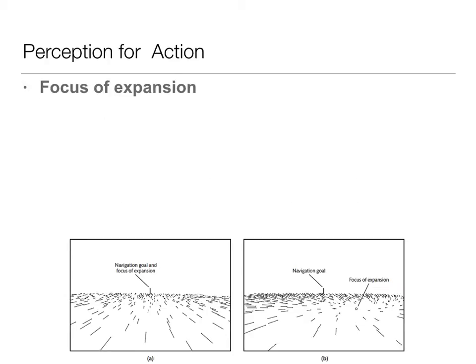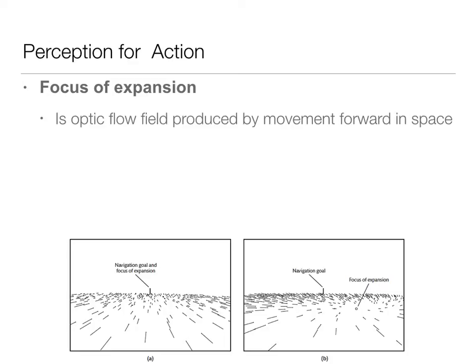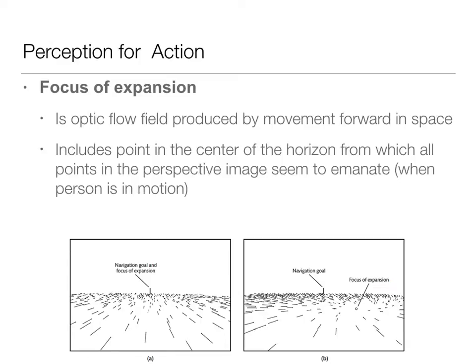Part of this is the focus of expansion. This optic flow field is produced by the movement as we move forward in space, and it includes that center point on the horizon in terms of the perspective image. If I'm moving towards something, that's the point that I'm trying to get to, and it tells me where I'm heading.